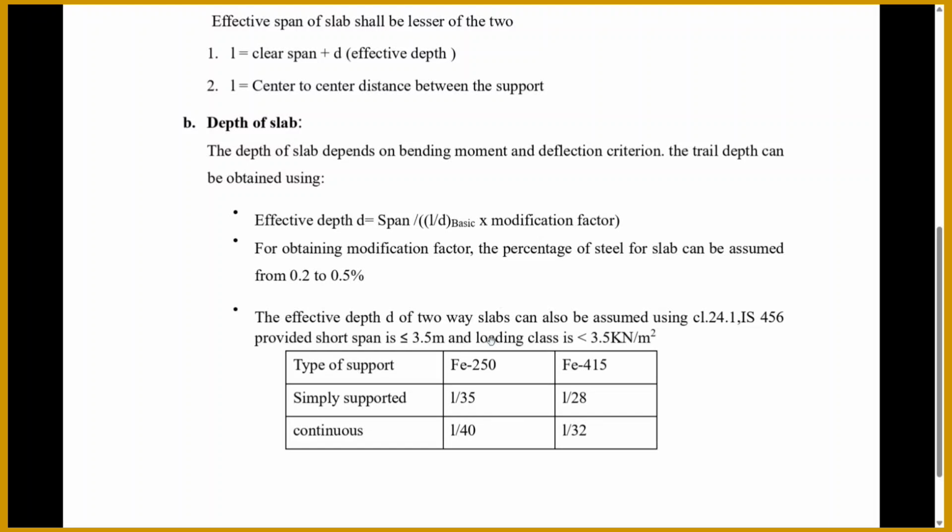The effective depth D is equal to the basic span L by D, multiplied by the modification factor K.